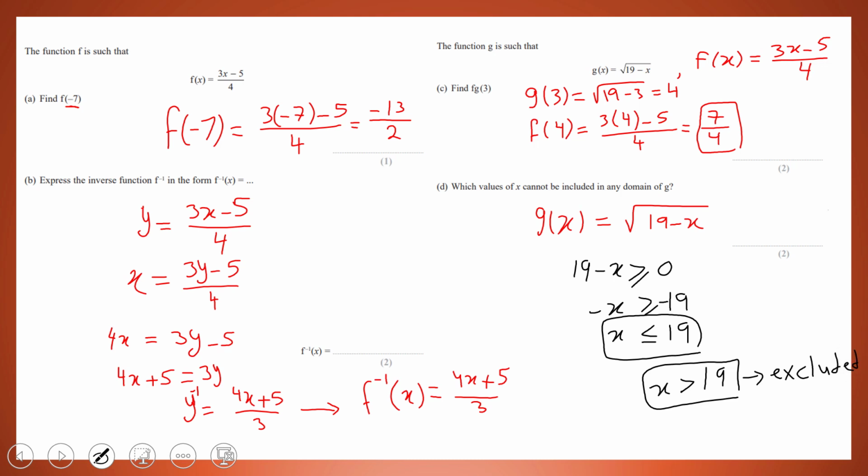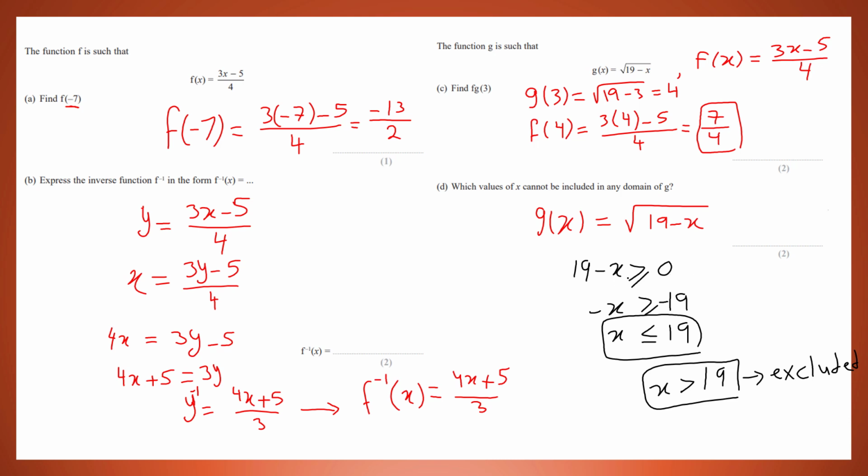Again, I need first to find the domain for g of x. What are the possible values that can work here below the square root? What did I do? I took what's written below the square root and made it greater than or equal to 0. Why? Because all the values below the root must be positive or equal to 0.